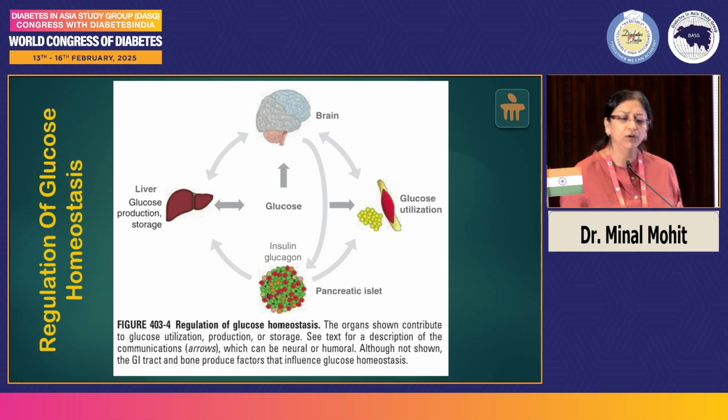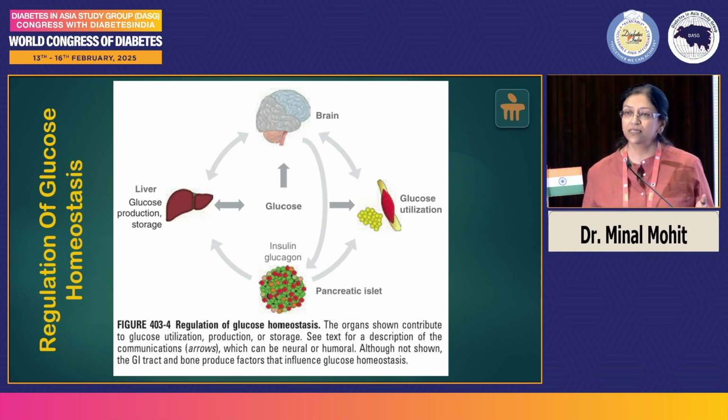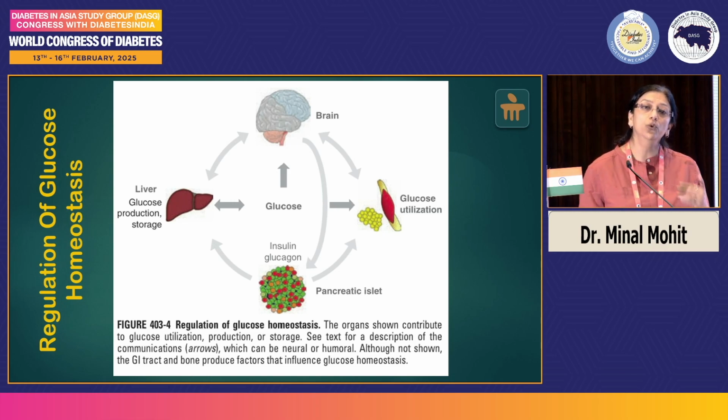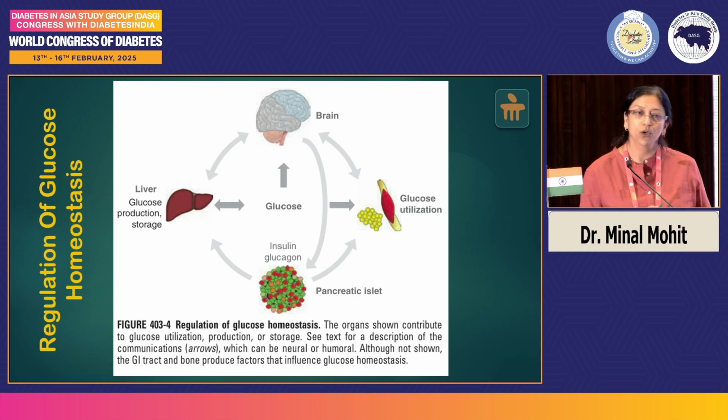Now, what is the regulation of glucose? Like, how is glucose homeostasis maintained? So, other than the hormone insulin, there are other players. There is glucagon playing another important role. Then there are neural signals besides the humoral signals. The main organ involved in glucose homeostasis is the brain, which controls the appetite and the satiety center.